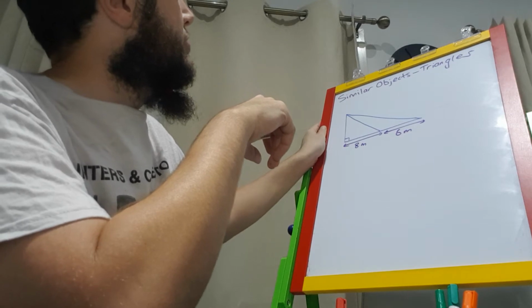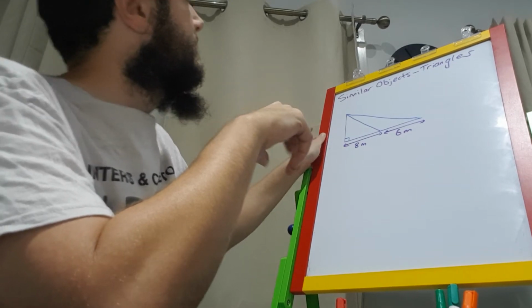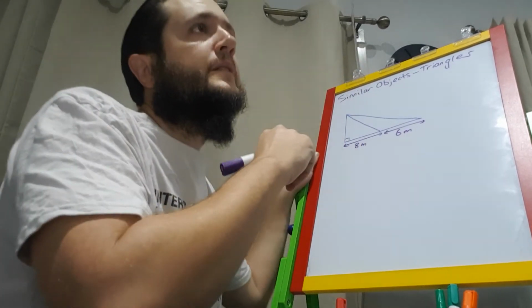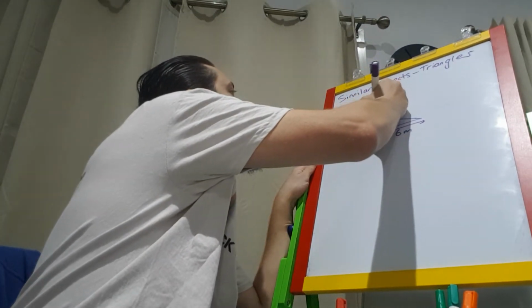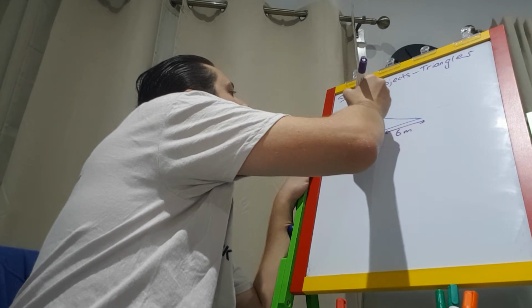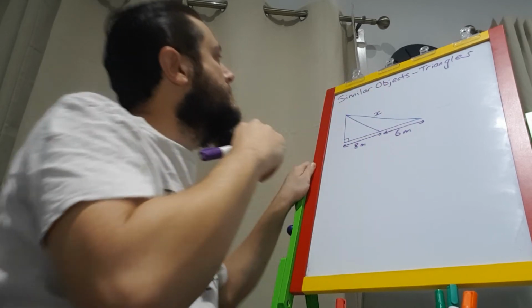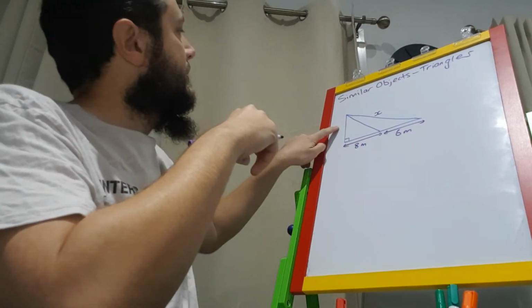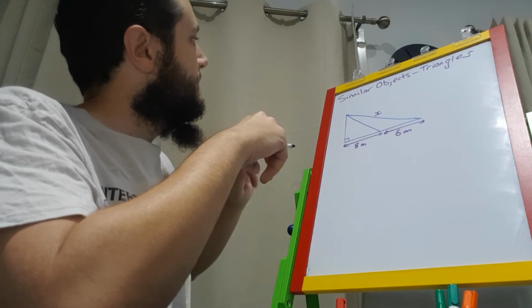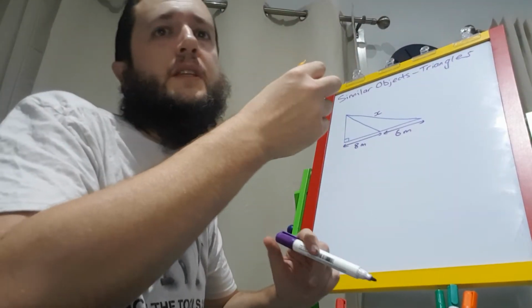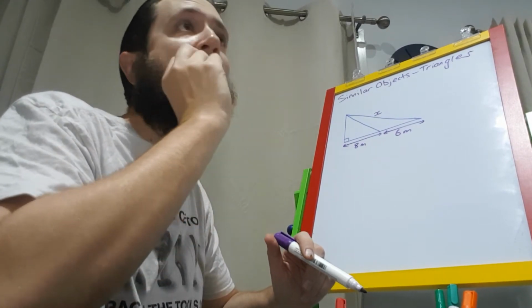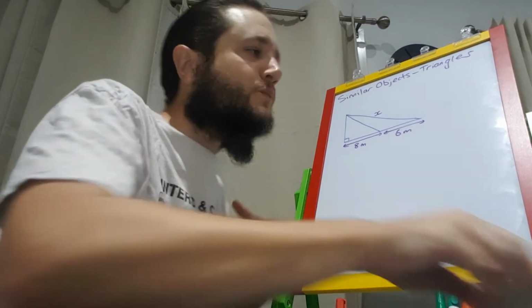And the question is going to be, let's assume these are similar objects. And what are we going to make that over there? They're not similar objects. That's the problem with that diagram, isn't it?